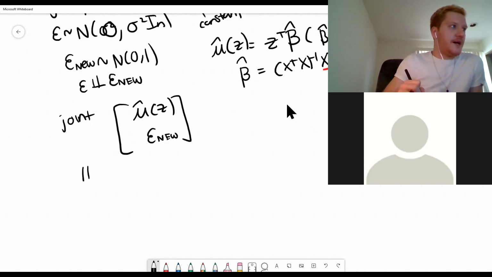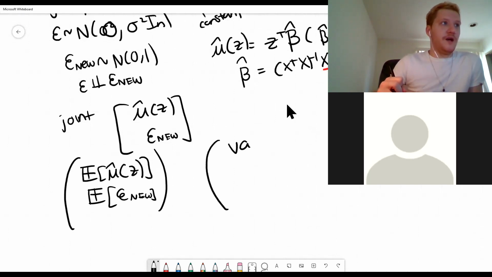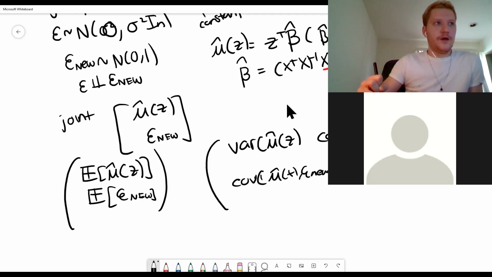We need the mean vector, which is the expected value of mu hat z and the expected value of epsilon nu. And then we need the covariance matrix, which consists of the variance of mu hat z, the covariance of mu hat z with epsilon nu, the same covariance the other way, and then the variance of epsilon nu. Okay, so this is all we need to find.